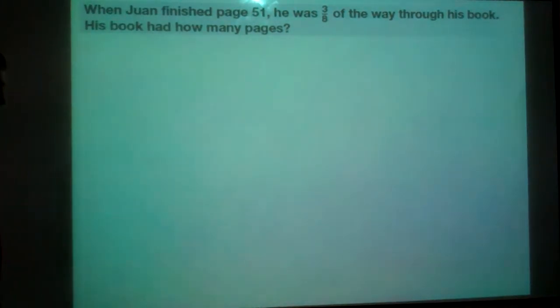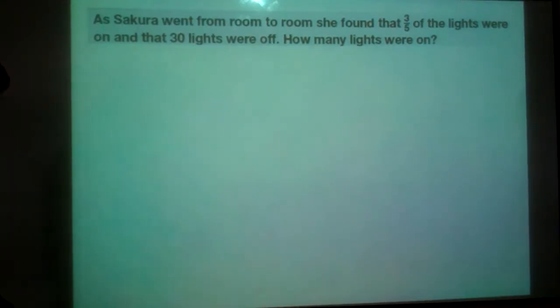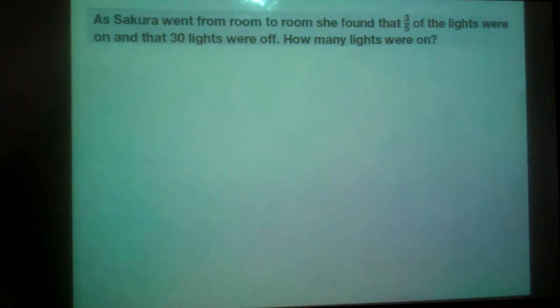And one more example for today. As Sakura went from room to room, she found that 3/5 of the lights were on and 30 lights were off. So how many lights were on? This would be a problem where it's probably better to use a diagram, but like I said, you can do whichever you want.